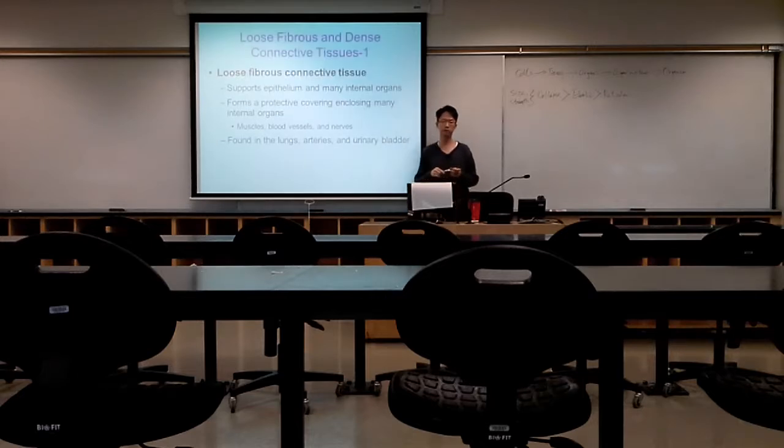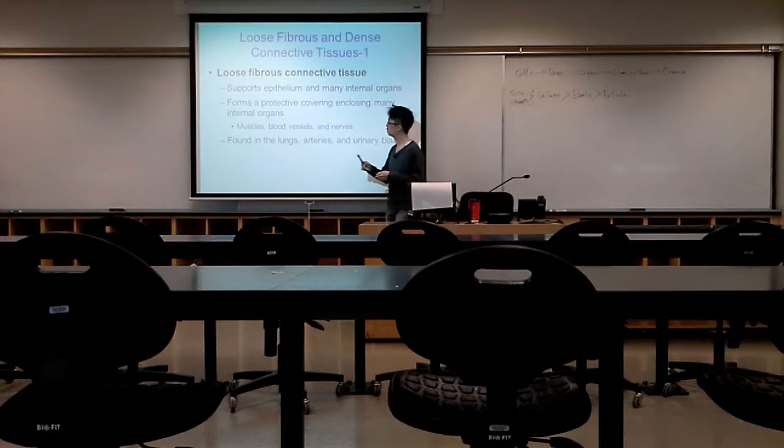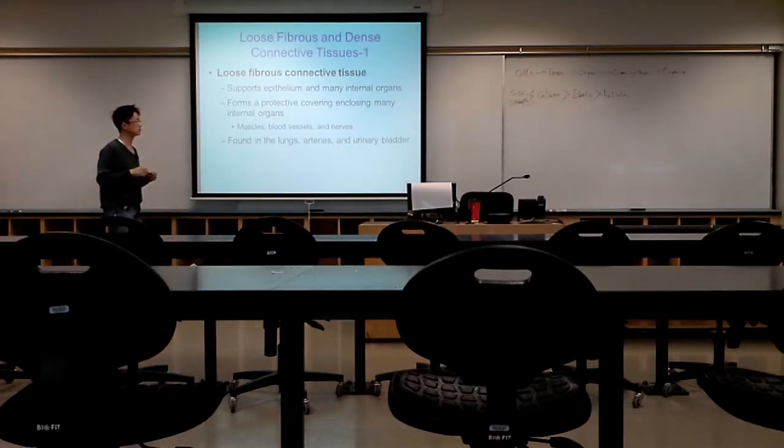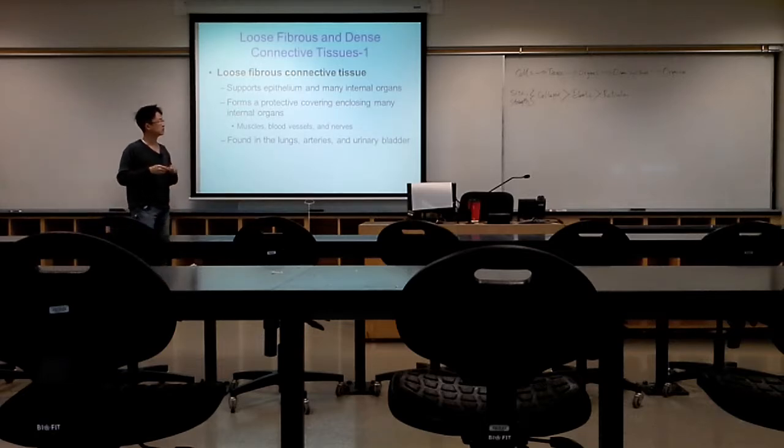So the first type of connective tissue we call the loose fibrous connective tissue. Connective tissue, as the name suggests, binds different organs together. They support epithelium. They form the protective covering of the internal organs.